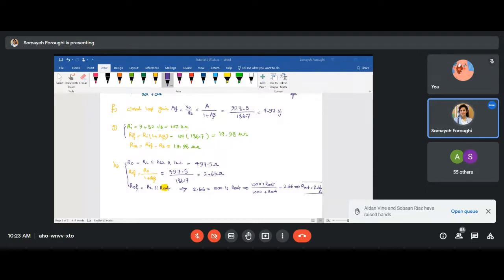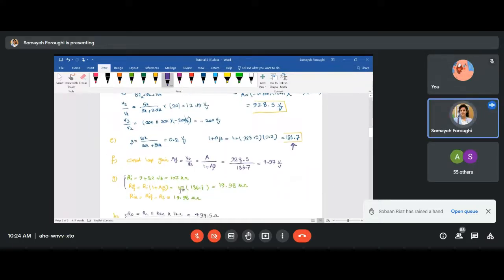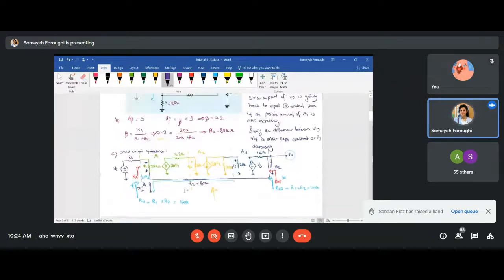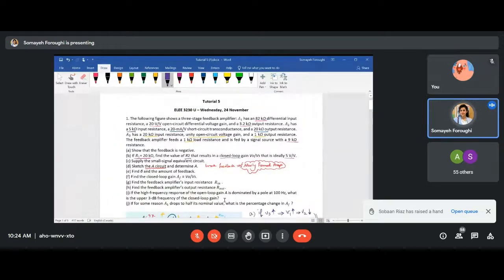Aiden, go ahead, please. Just a quick question. Is this considered using a series shunt for the type of feedback loop? I should check the equations, but the question didn't mention anything about being series shunt.